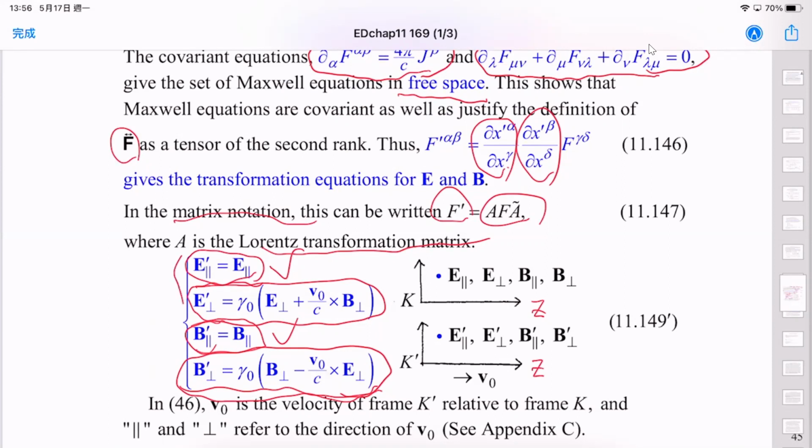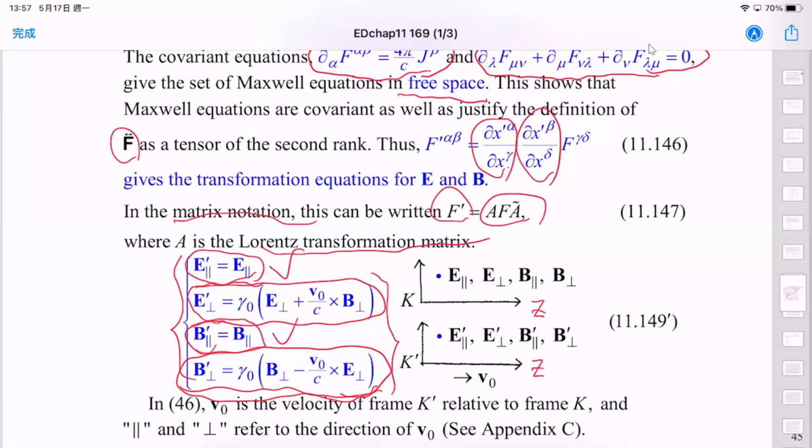So if you do not understand how to derive this equation through the Lorentz transformation, yes, we can prove that. However, if you want to fully understand how to derive this equation, I strongly recommend you study the course material of Griffiths.